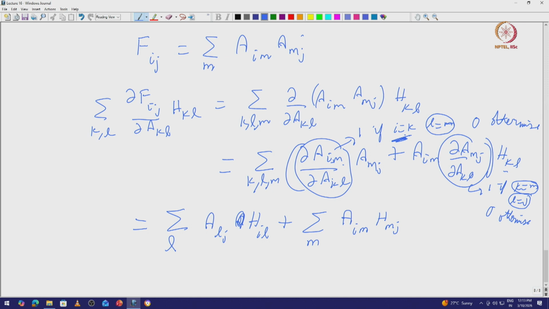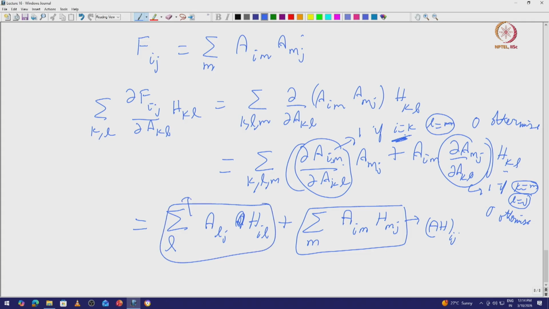Now we recognize what these are. This is simply the ijth entry of the matrix A times H. This is the ijth entry of the matrix H times A. So in other words, very simply, the derivative of f is simply HA plus AH.